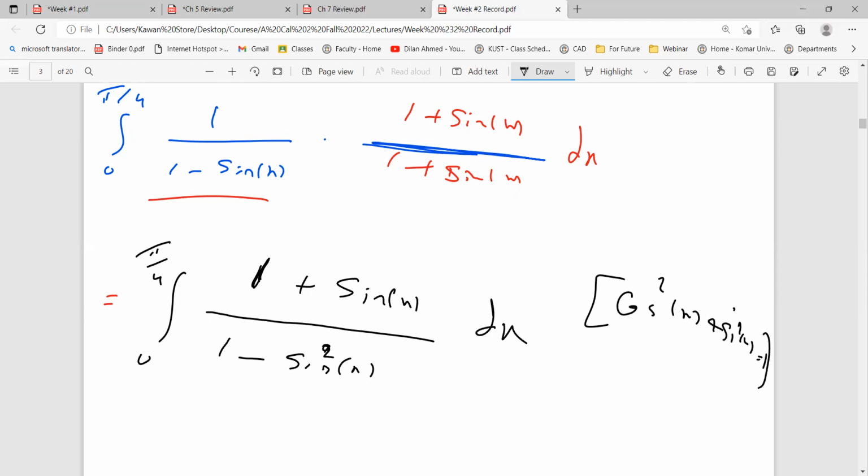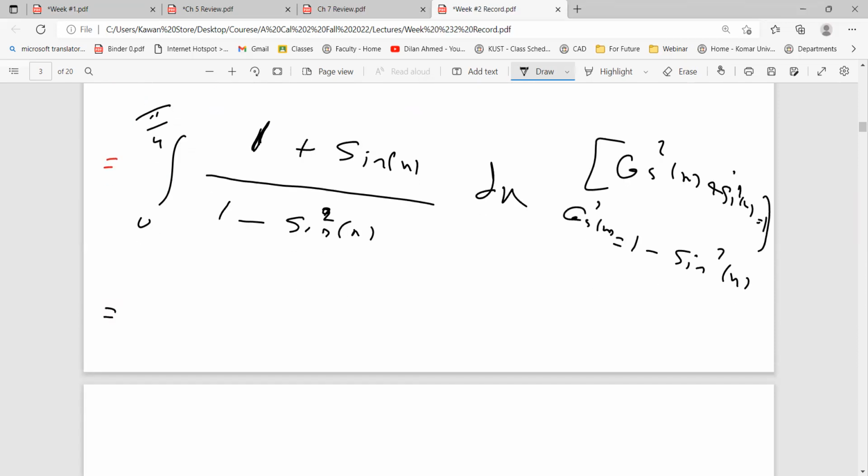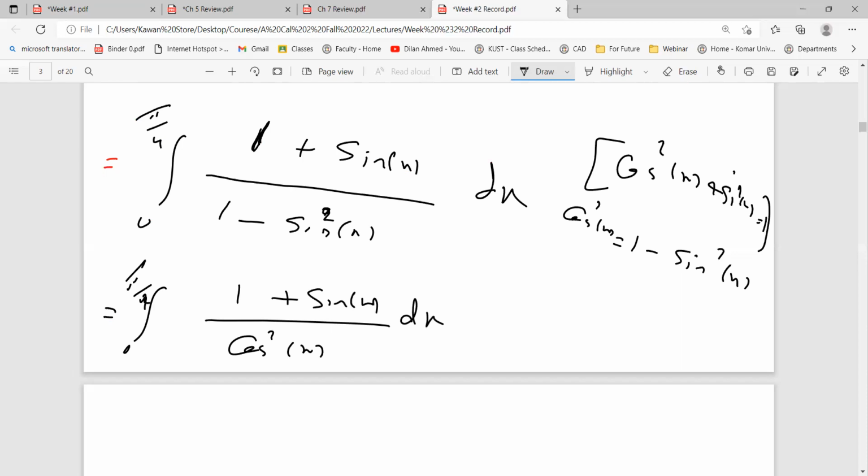So I'm going to use that one, because 1 minus sine square of x will be cosine square of x. You are right, 100%. So I'm going to change that one to cosine square of x over 1 plus sine of x dx. As I told you, like a chess, you should think about it.